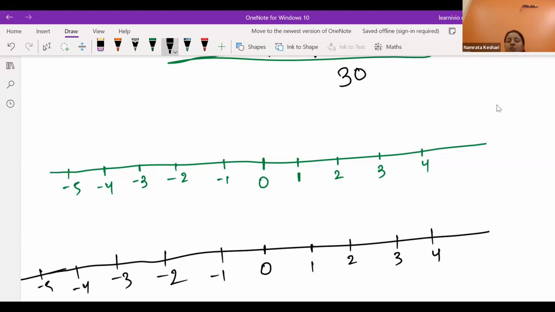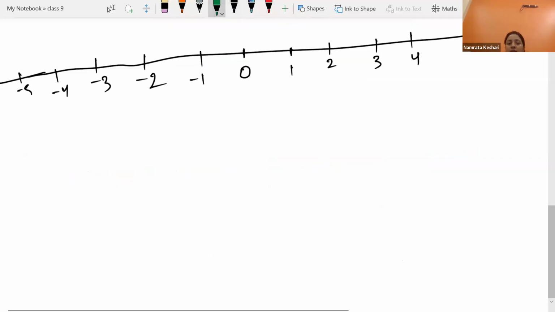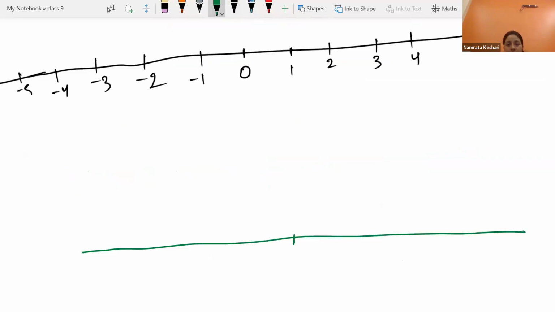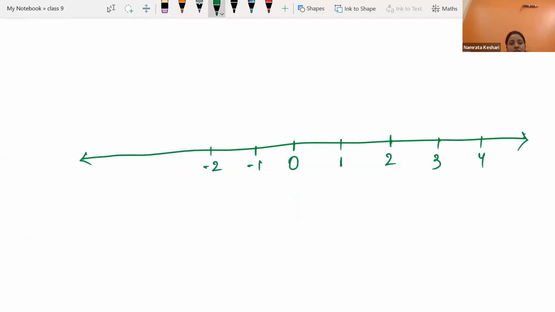Now we will do one arrangement. The green color number line I am going to place horizontally like this. And the black one, I am going to place it vertically this way.